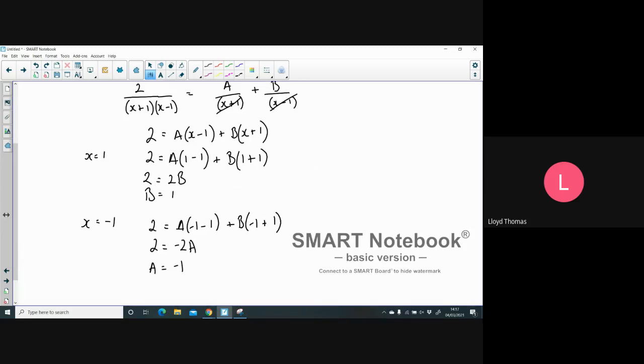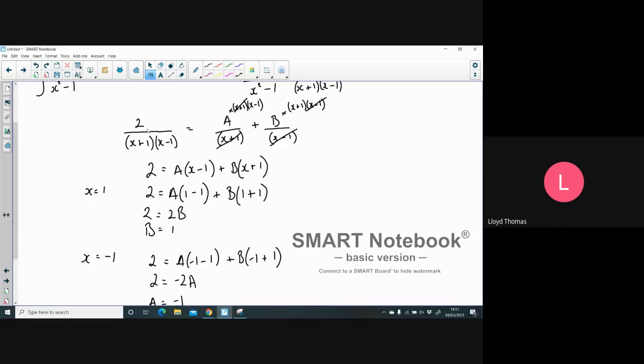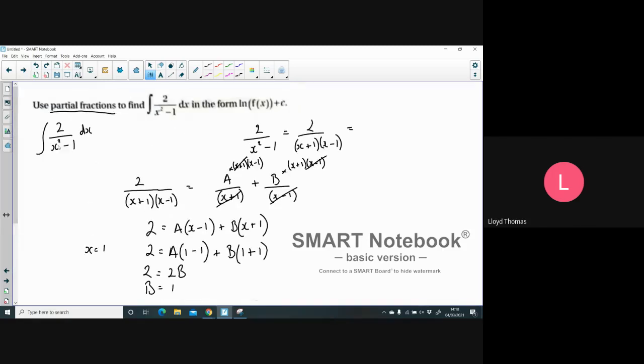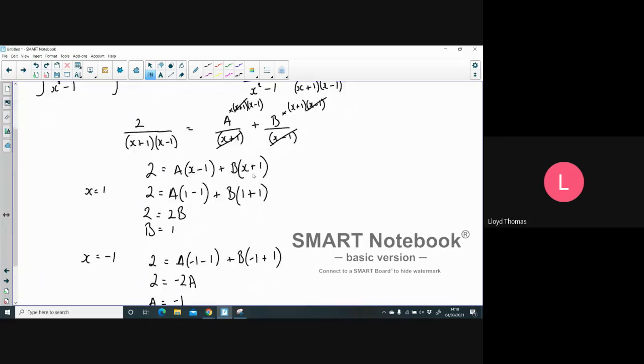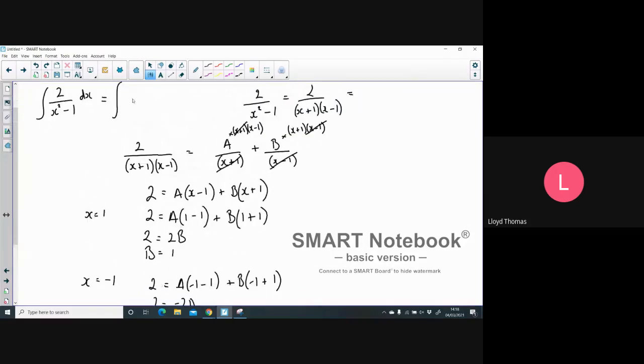So my original question all the way up here, where it was the integral of 2 over x squared minus 1, I'm about to rewrite in a different way with these a's and b's. This whole thing has now been changed to, well, a I just worked out was -1, so that is -1 over x plus 1.